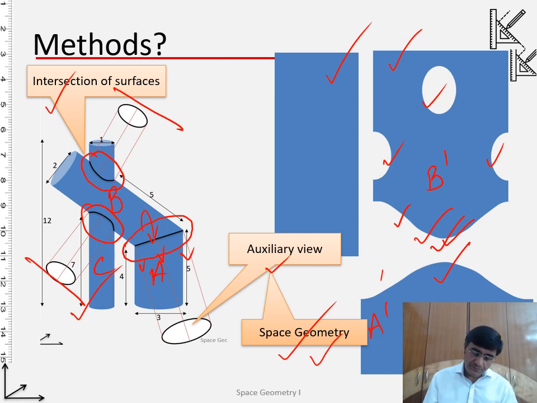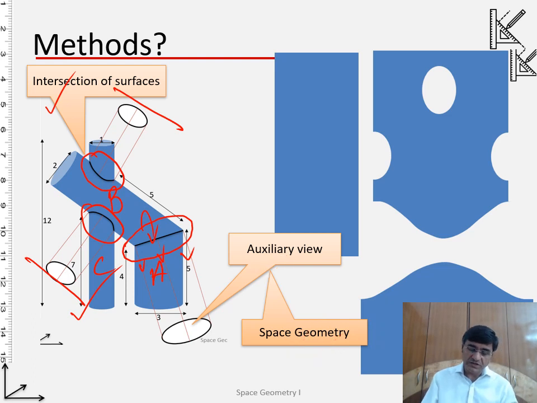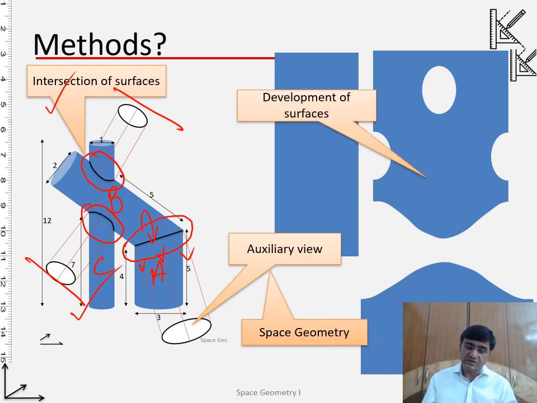And finally, we will also study one more aspect, and that aspect is the problem which I gave you. The problem which I had given you: corresponding to B, tell me what the B dash will look like.